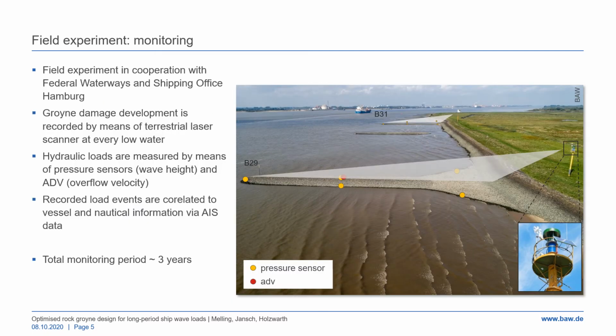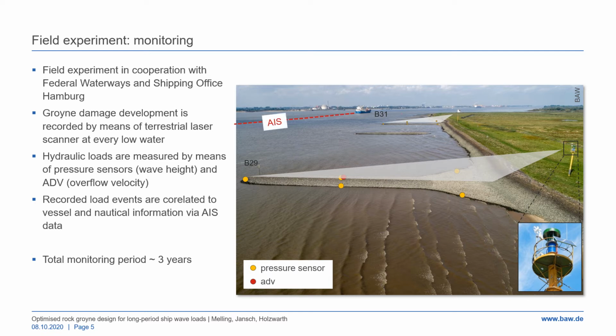The field experiment was set up with the aim of monitoring the damage development of both groynes, as well as the hydraulic loads on the groyne body. The deformation of the rock armour was recorded by means of two pile-mounted terrestrial laser scanners, which would scan the respective groyne surfaces at every low water. Hydraulic loads were recorded with pressure sensors at multiple locations around the groyne, shown here as yellow dots.